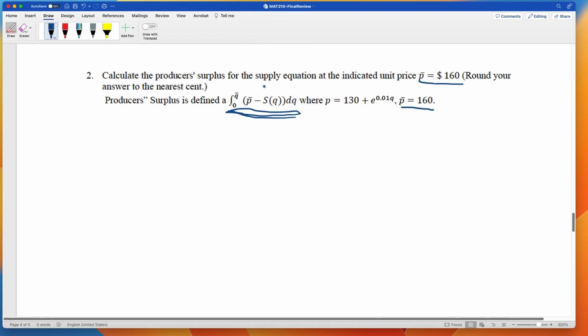But to do this, what we first need to find out is what would be the average demand.